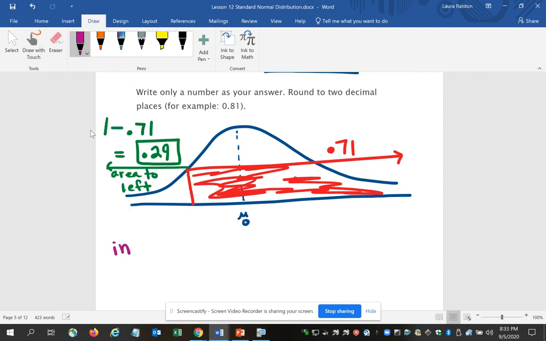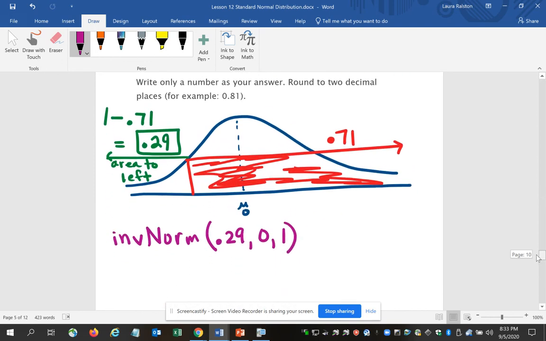So we do inverse norm. Area to the left is 0.29, mean is 0, standard deviation is 1. And again, the way this picture is drawn, it doesn't indicate so in the question, but now that I have it drawn correctly, I can see that my z-score most likely is going to be negative because I'm below the mean.